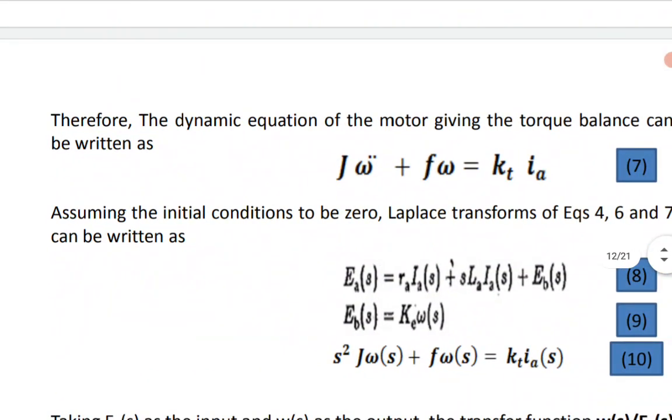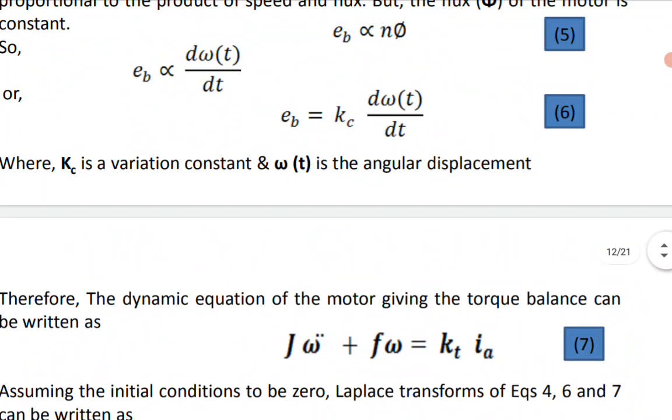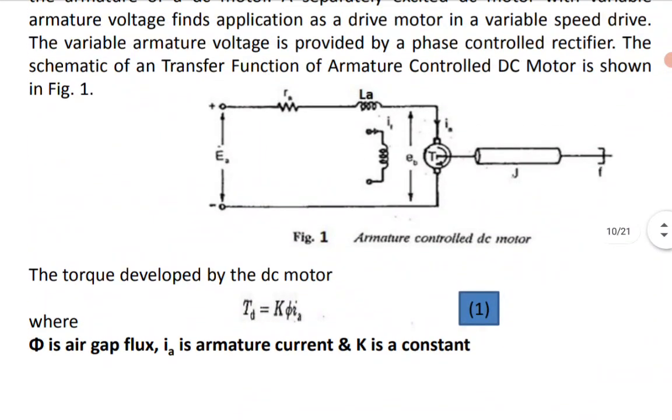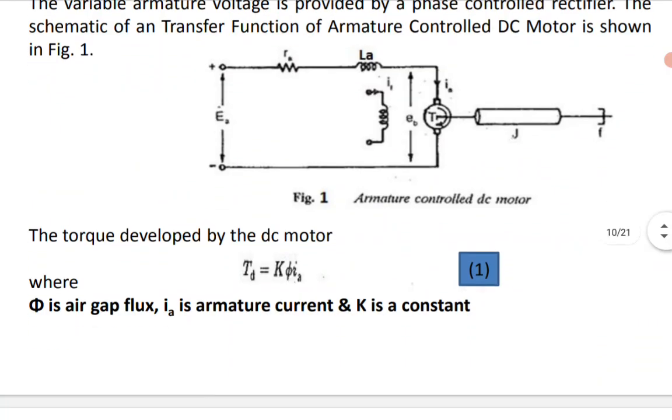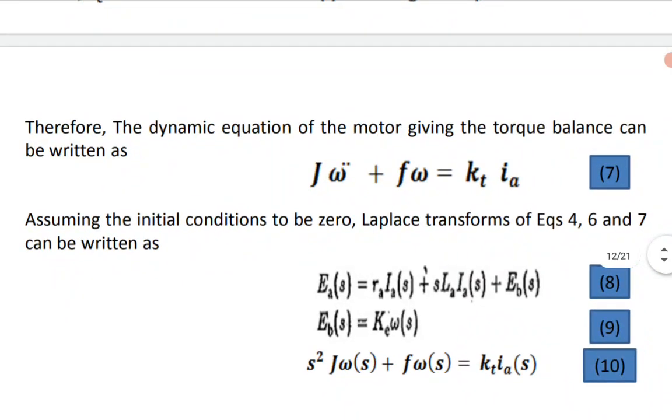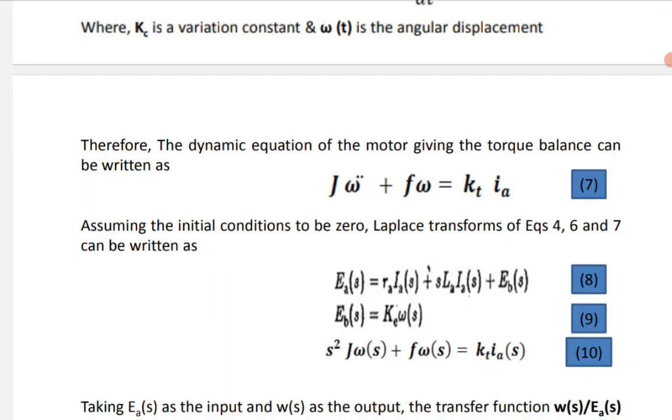Now the electrical torque equation is established. Since the cylindrical shaft is present, again we need to generate the mechanical torque expression, because this is valid for an electromechanical system. The dynamic equation of the motor, by giving the torque balance equation, can be rewritten as J omega double dot plus f omega dot, where omega is my angular displacement.